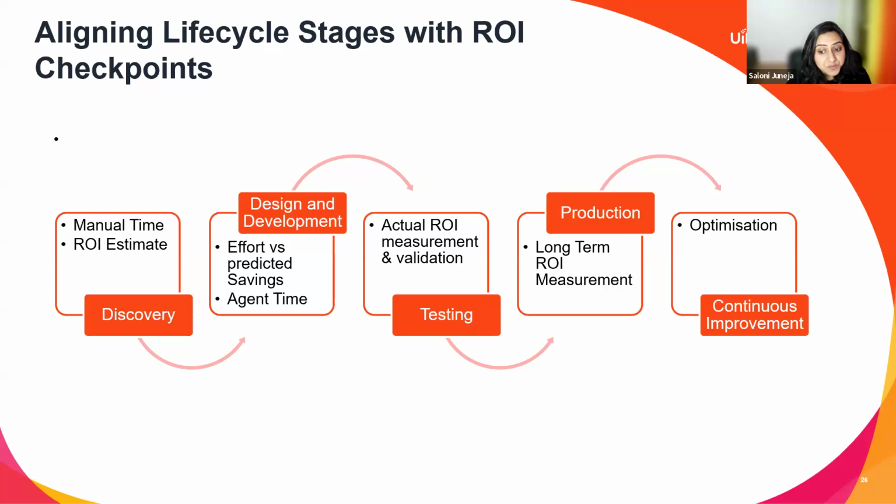Which means that if you can reduce the time that the agent is taking today, or if you can optimize the licenses that have been used as part of this agent, which is working in production. So these are some of the aspects where you apply all these principles that we spoke about and make it slightly more robust in terms of how you're achieving your cost benefit over a long period of time.